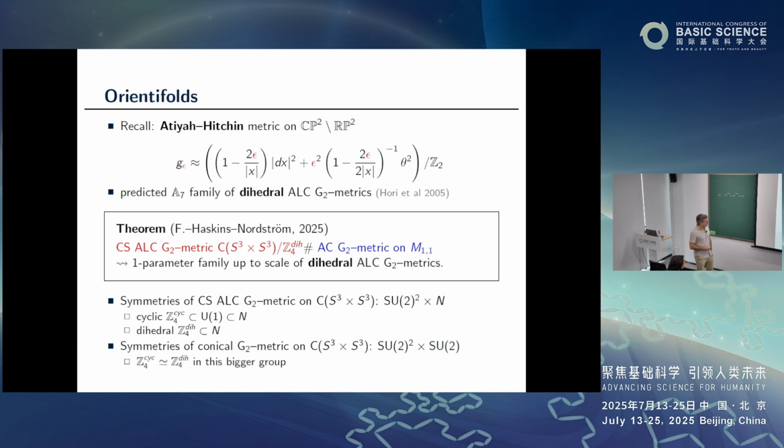Okay, so you start with the singular thing, and you quotient. If you quotient by this cyclic Z4, you can use the asymptotically conical metric.